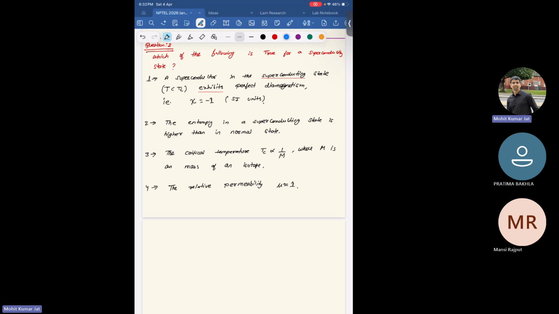It means your magnetic susceptibility is like that of a diamagnetic material. And since it's a superconductor, it can arrange its charges such that it can repel the entire magnetic field because of this order parameter, and that leads to zero internal magnetic field, and that's why option A is true.